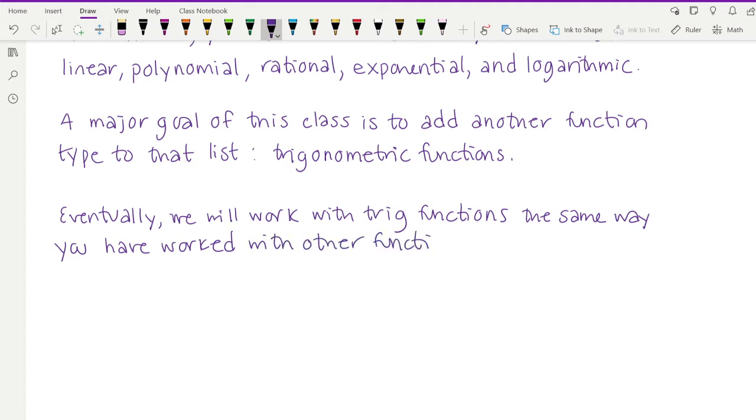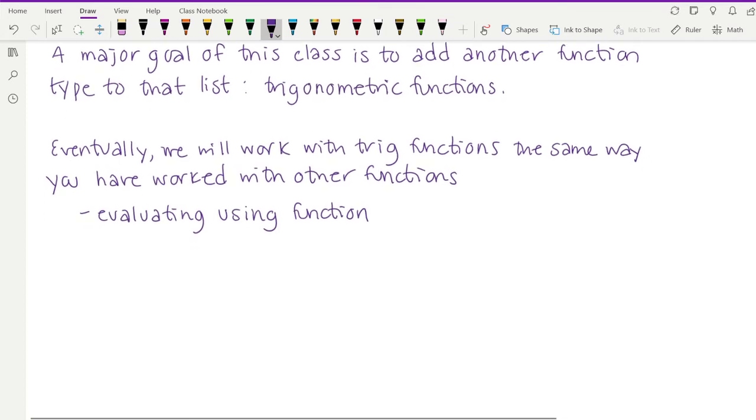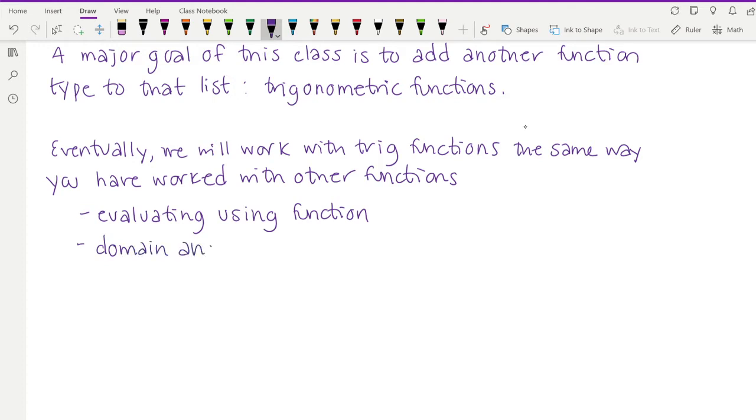And so, as I mentioned, that's going to include things like evaluating the functions using function notation. So doing things like f of 5 or whatever, plugging in numbers. We're also going to find the domain and range of different trigonometric functions.